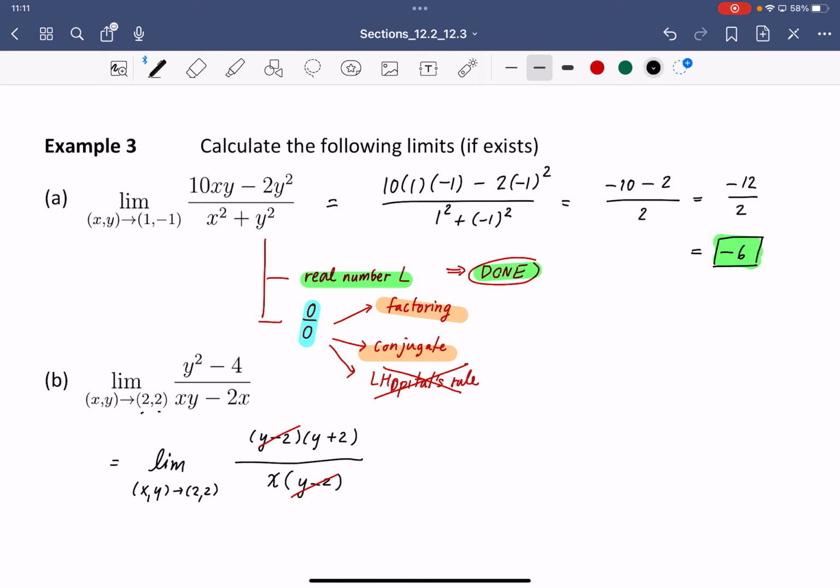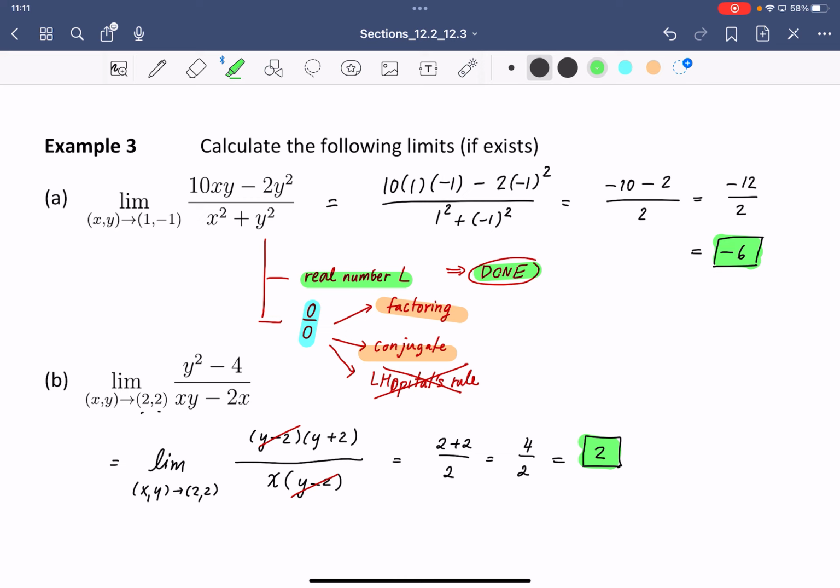And then you plug in 2 plus 2 over 2. This is 4 over 2, it's actually 2. Make sense? This is how you manipulate the question with limits of 0 over 0. So the techniques that you learned in Cal 1, factoring and conjugate, you can still use in 2 dimensions.